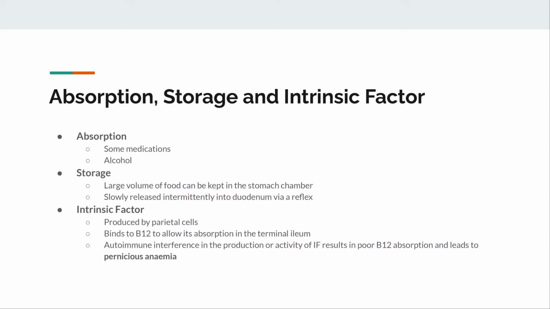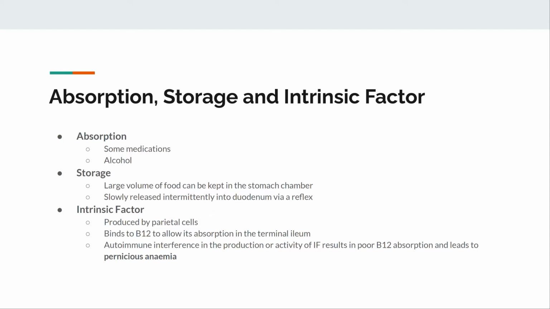And that's where you get the condition pernicious anemia, where you have an autoimmune interference in the role of intrinsic factor, either by preventing it from being made or by preventing it from actually being active. And you get poor B12 absorption, you end up with a macrocytic anemia or the megaloblastic B12 deficiency picture.